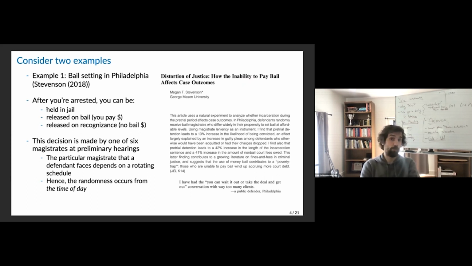What happens is that there is someone who sets bail. The legal arguments about bail are important, but the key distinction here is sometimes you're just held in jail, period. If you're a risk to everyone in society, say you killed someone and you're apt to kill someone again, there's obviously no reason that you would be released. But a more important distinction is you could be released on bail.